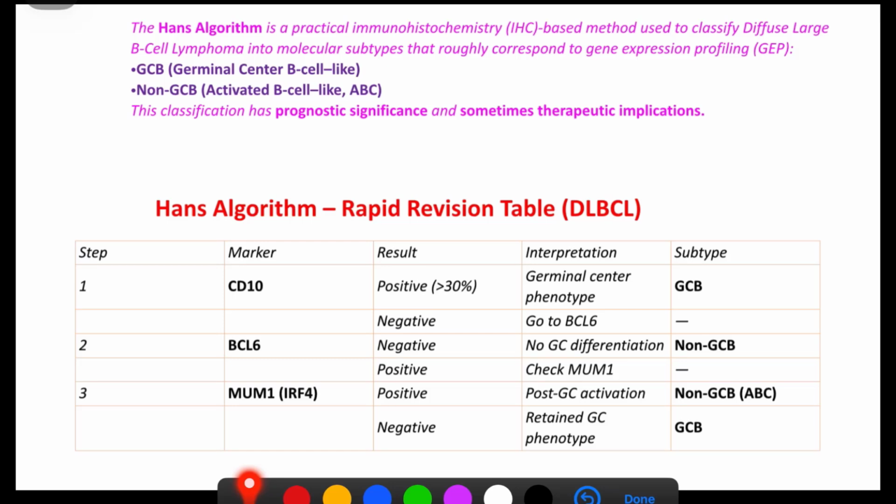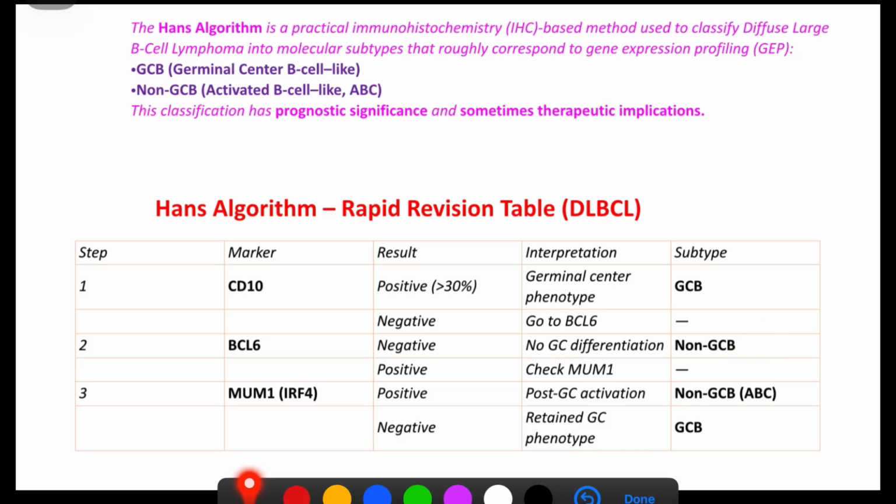First of all, we will go for the CD10 marker. If it shows positivity in more than 30% of cells, the interpretation is that this is the GCB subtype. Now suppose it is negative, then go for the BCL6 marker. If it is negative, there is no GC differentiation, so this is non-GCB, or activated B cell like, or ABC type.